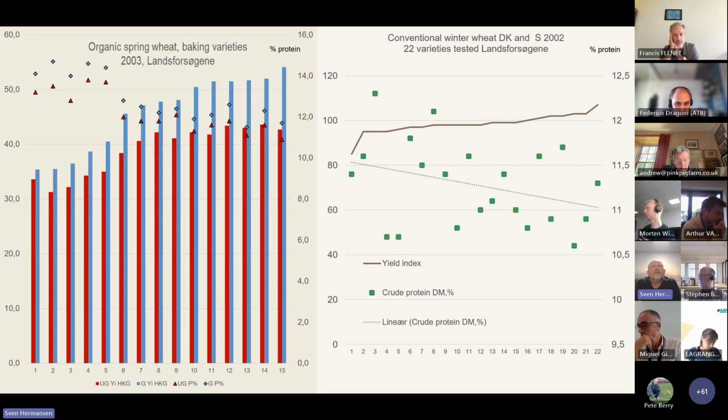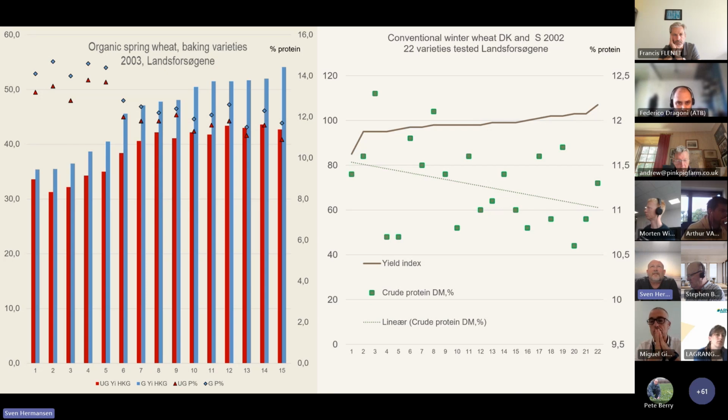But you can see the crude protein content is going from almost 15, I think 14.7 is the highest one, to around 10-11% of protein. And looking at one of the comments in the chat before, if you choose the right variety, you can produce a good quality milling or baking spring wheat on almost any kind of nitrogen input.